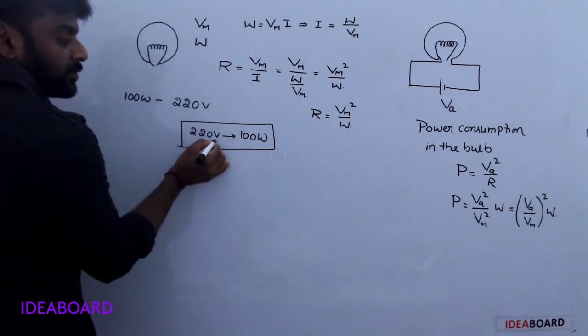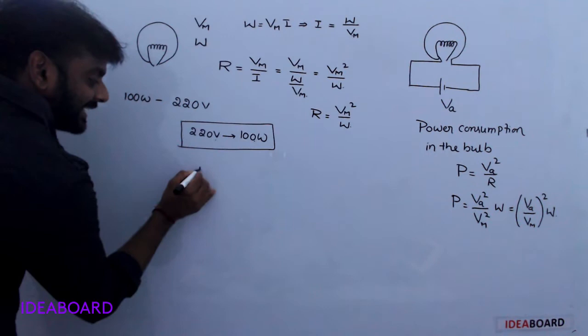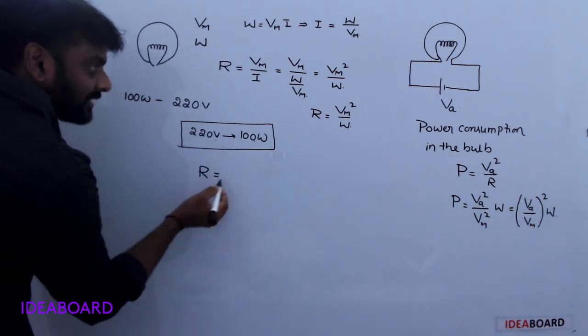Okay. For example, initial bulb is this one. Mentioned voltage 220, wattage is 100. What is the resistance of the bulb?